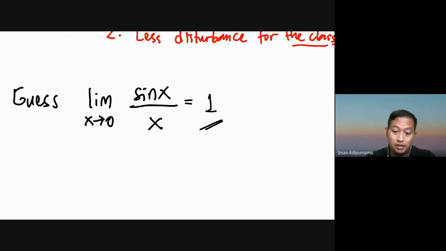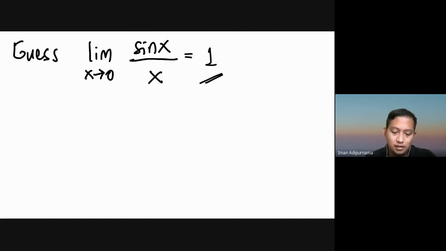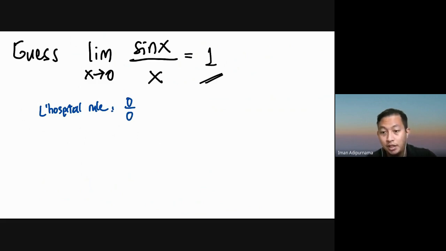Let me give the example. Somewhere around the limit concept, you will be learning about L'Hopital's rule. From this L'Hopital rule, it says that if you have a 0 over 0 situation, you can derive the top and bottom.